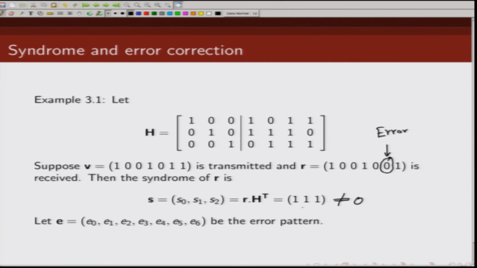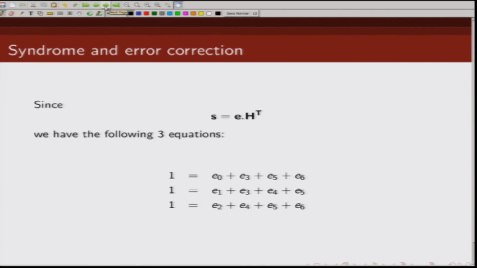The next step is to find out where the error has occurred. In this case, we can write the syndrome in terms of error bits. So, we have 3 equations and a total of 7 unknowns, and these equations are basically given by this.